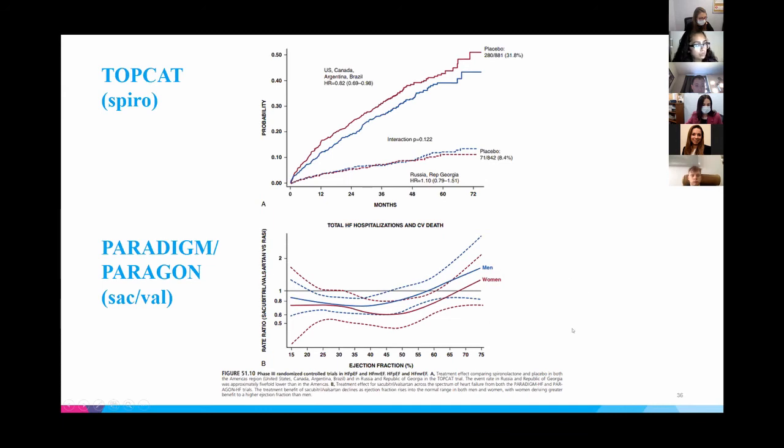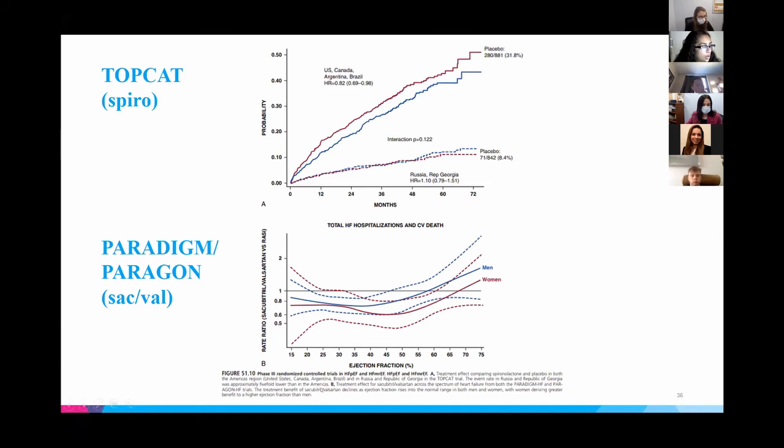And then the bottom graph combines the Paradigm and Paragon trials, which looked at Entresto. Paradigm looked at Entresto in heart failure with reduced ejection fraction, and Paragon looked at heart failure with preserved ejection fraction, enrolling patients with an ejection fraction greater than 40 to 45, I believe.